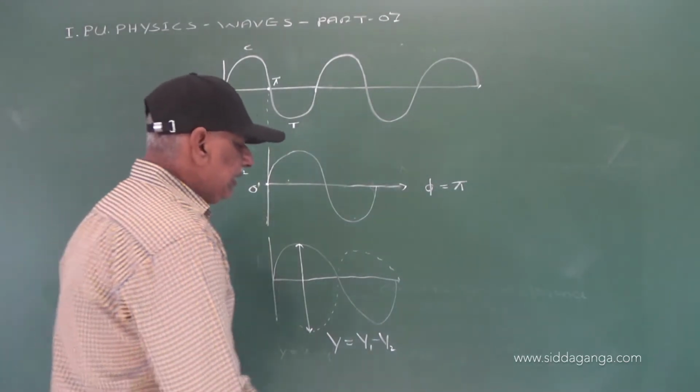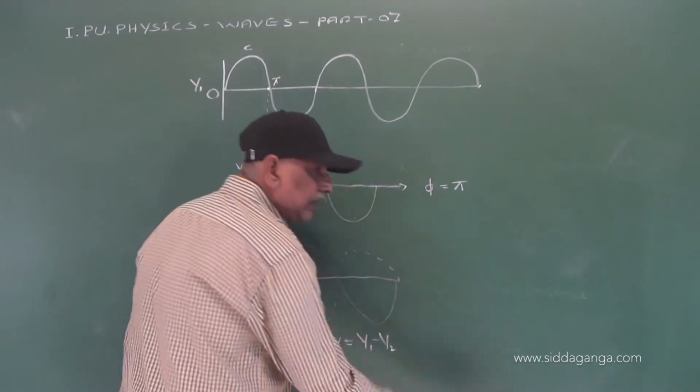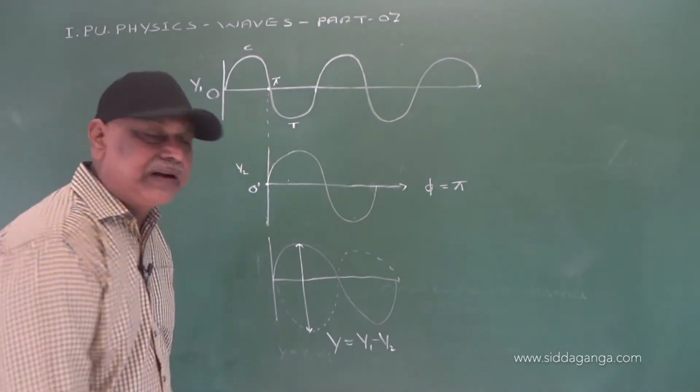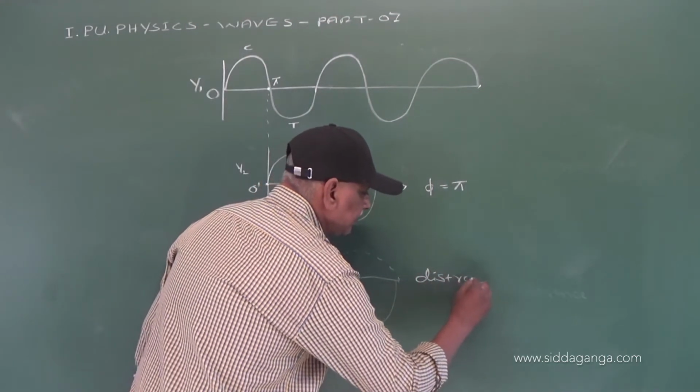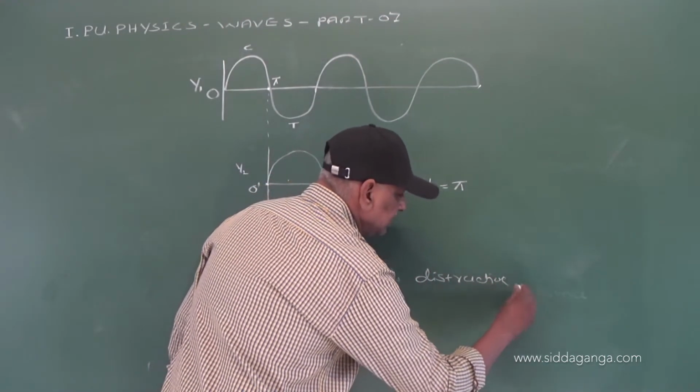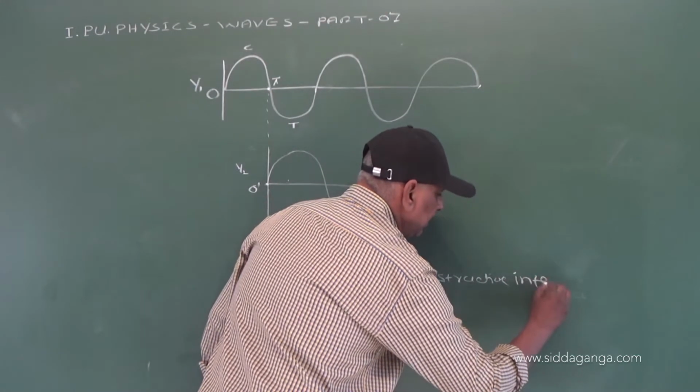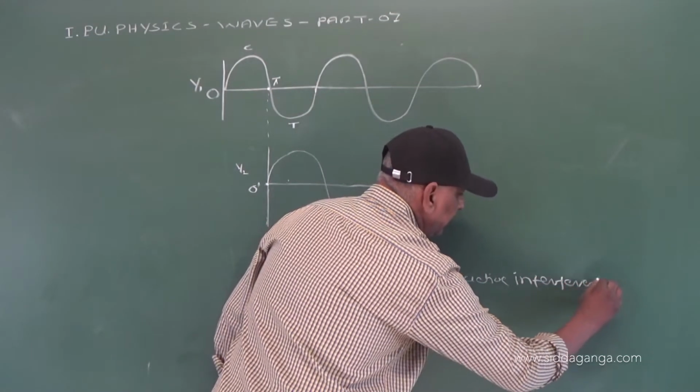Now we say that the two waves are interfered destructively, and this phenomenon is called destructive interference.